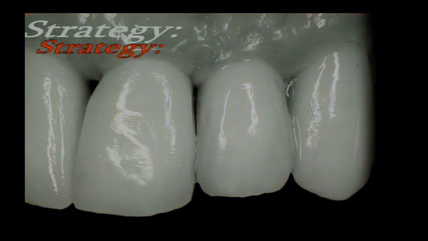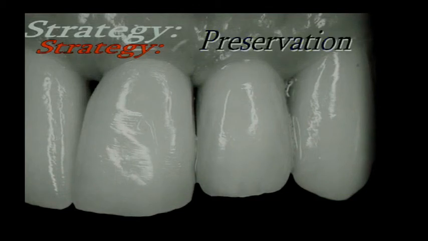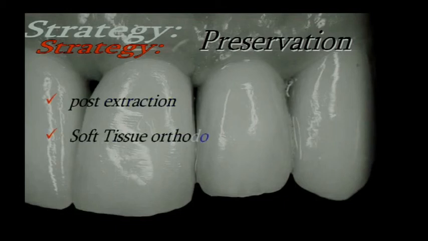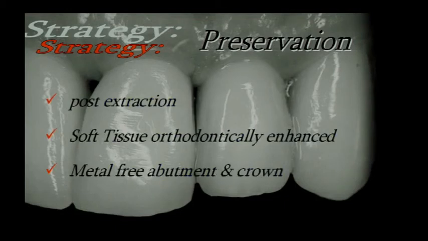Let's start with an example of a clinical case, and of course I will repeat some of the information you already heard. This is an example of preservation because the implant is over here. We did a post-extraction case. This is the implant, supported prosthesis, post-extraction case.